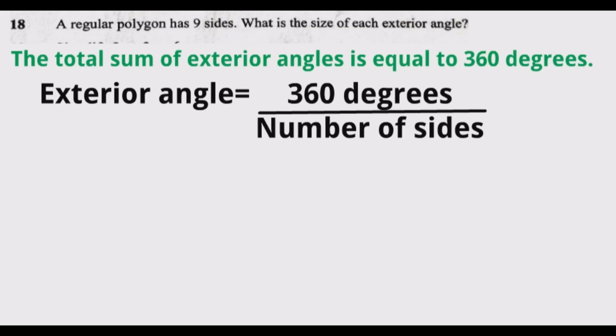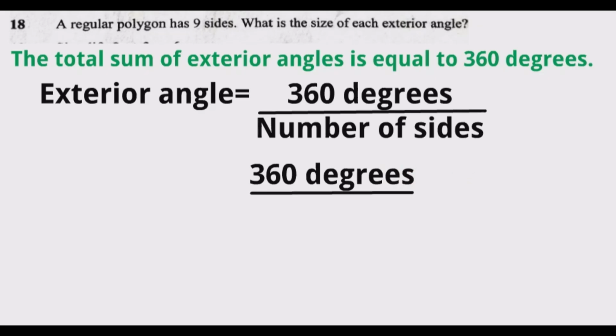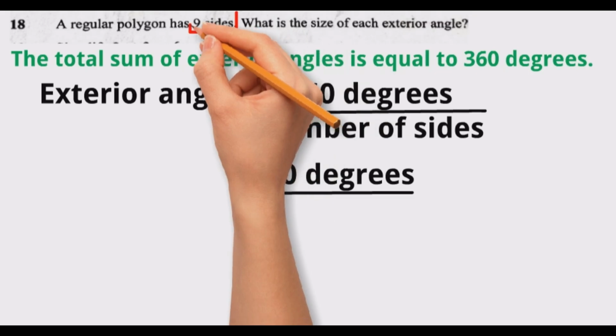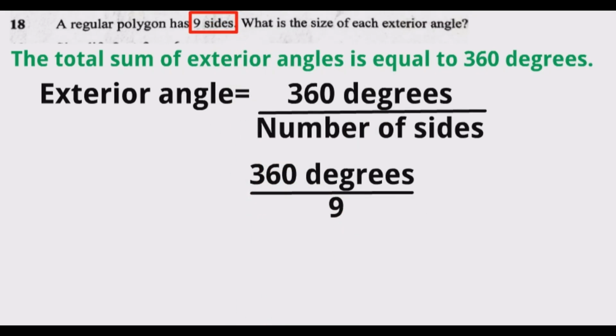So, how many sides are we given? First, let me write 360 degrees divided by how many sides this regular polygon has. It has 9 sides. So we have 360 degrees divided by 9. We ignore the 0 from 360 first and consider 36. How many times can 9 go into 36?